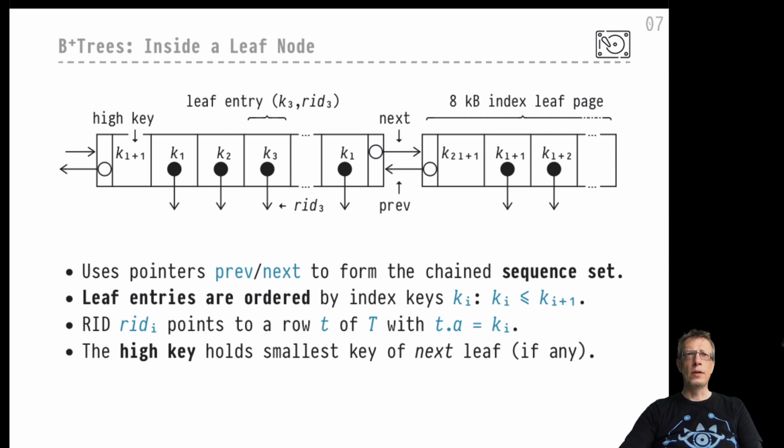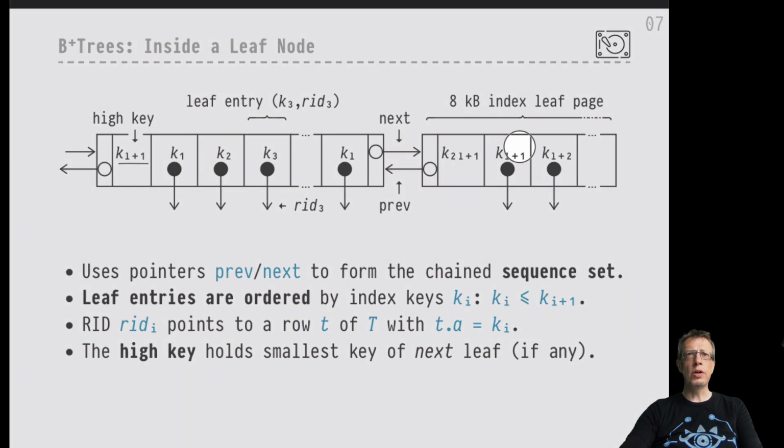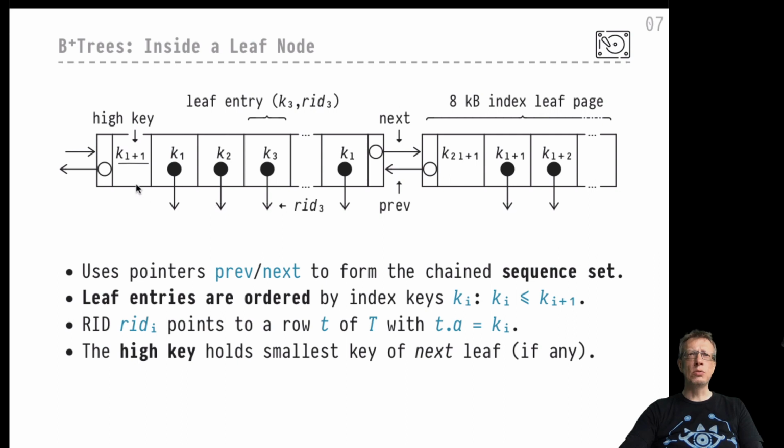Okay. There's one additional piece of information inside these leaf nodes. It's the so-called high key, okay? And the high key, you see it referring to this KL+1, which is repeated over here. So this is information that I can already access when I only have loaded this 8 kilobyte page.